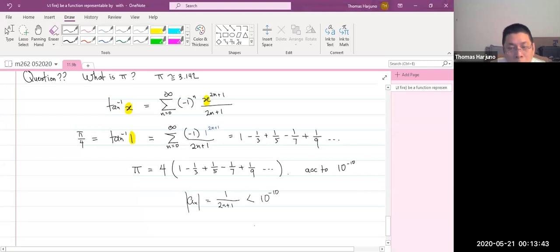Do the reciprocal on both sides. So 2n plus 1 should be greater than 10 to the 10.